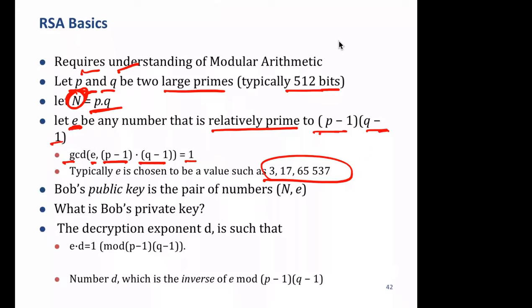Once you have chosen P and Q, you come up with N, and then you choose E. Once you have these two, N and E, they form Bob's public key.